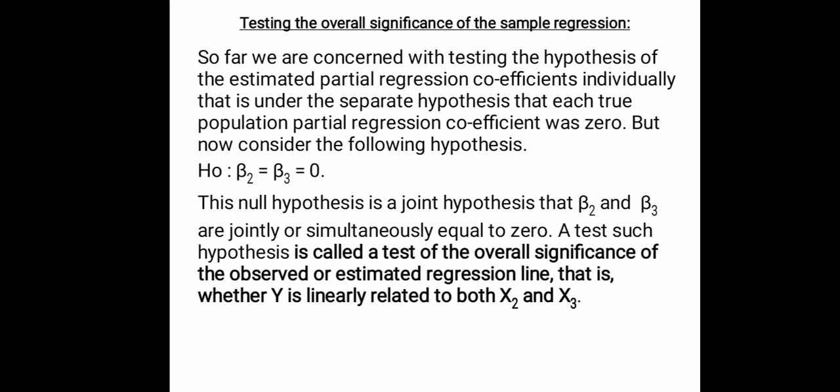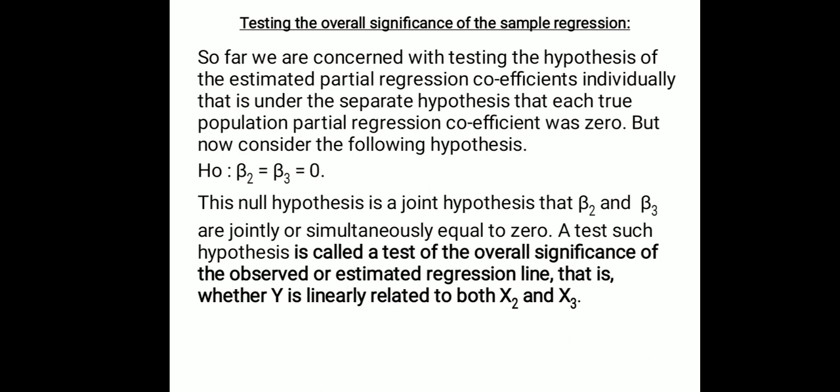So far we have tested the estimated partial regression coefficients individually. In the previous examples, we considered each partial coefficient while keeping the other constant. We were not considering all the partial regression coefficients simultaneously; we were considering them one at a time, under the separate hypothesis that each population partial regression coefficient was 0.